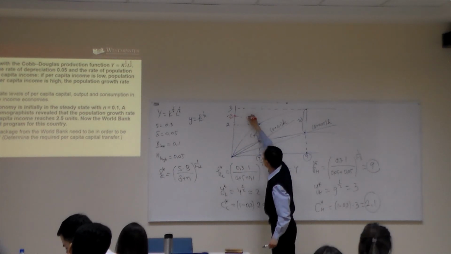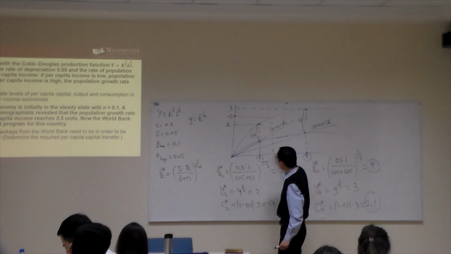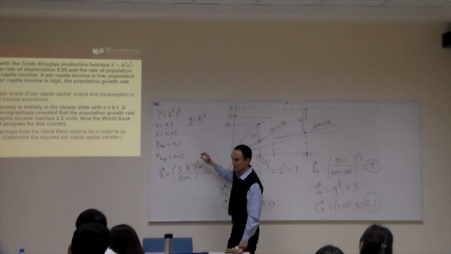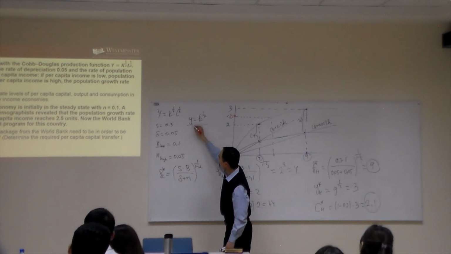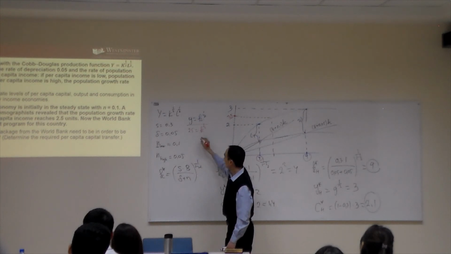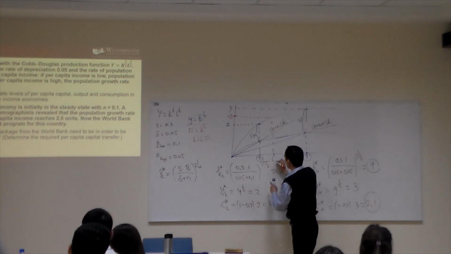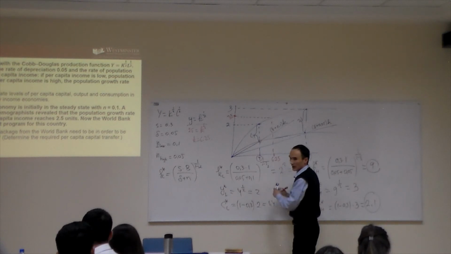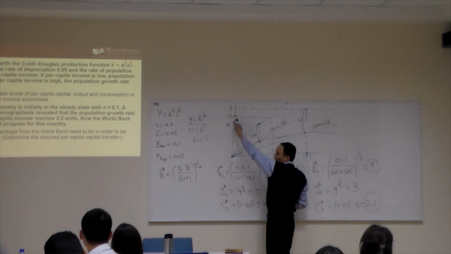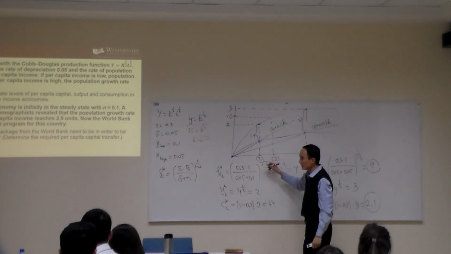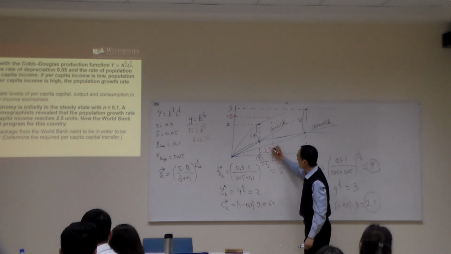So now in order to reach that, how much do they need? Capital. This is given for us, yes? For the low income country, in order to make output 2.5, our capital should be equal to 6.25. Alright? This low income country needs capital of 6.25 in order to make it 2.5, which is not available. How much do they need? It is 2.25.